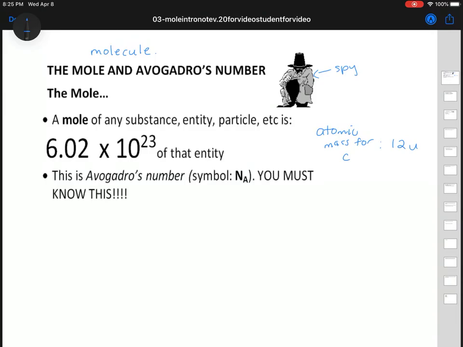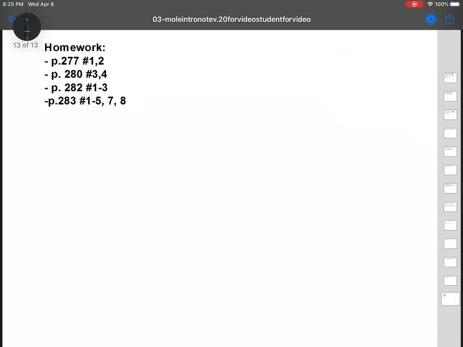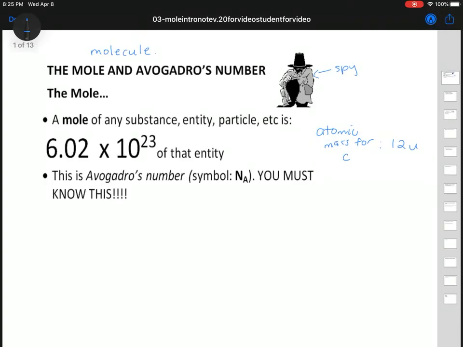It's just a random sort of measure that is useful in chemistry. And they decided to use carbon: if you have a sample of carbon that is 12 grams, then that is equal to 1 mole. So we are now going to be able to convert between grams and moles.